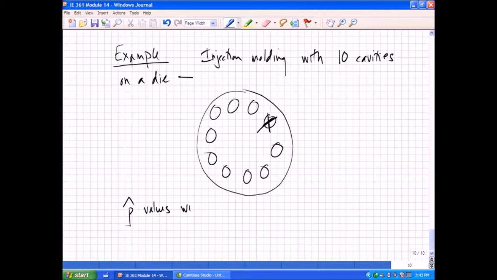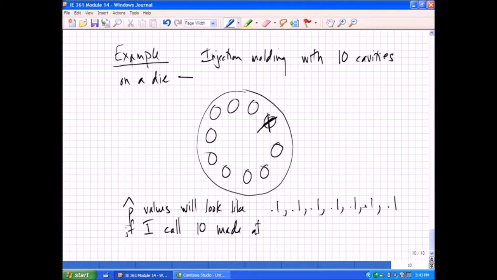So p-hat values will look like 0.1, 0.1, 0.1, 1 in 10, 1 in 10, 1 in 10, if I'm so foolish as to simply grab one item from each of those 10 cavities and together call those things a sample.